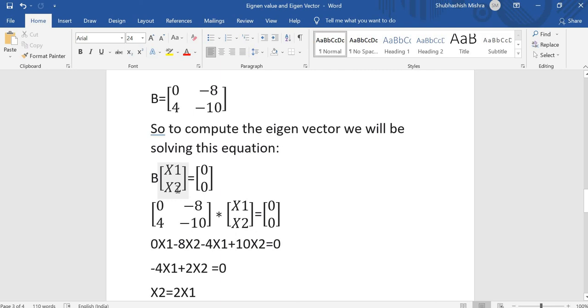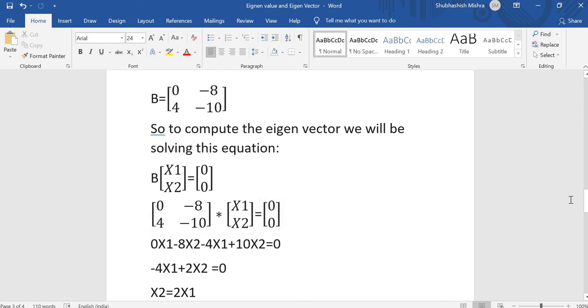Why are we using x1 and x2? Because here we are finding the eigenvectors of a 2 cross 2 matrix, so there will be two components, x1 and x2. 0, minus 8, 4, minus 10 is the exact matrix that we have computed from the eigenvalue 8, and here x1 and x2 are the values, and the product is equal to 0.